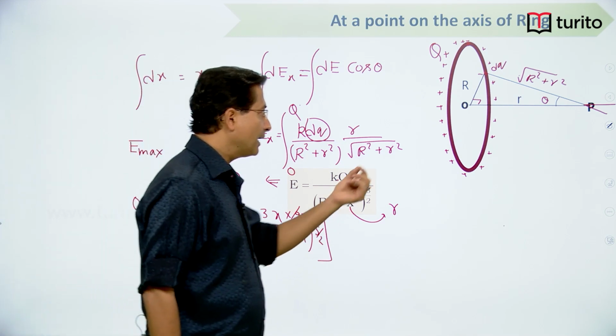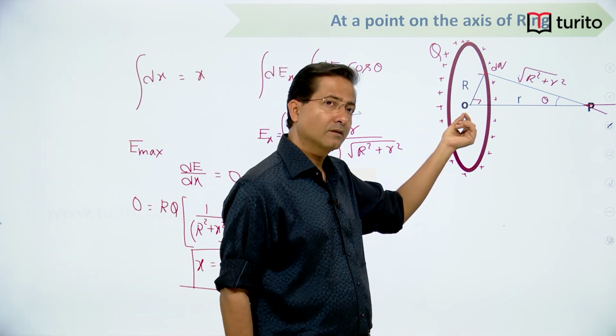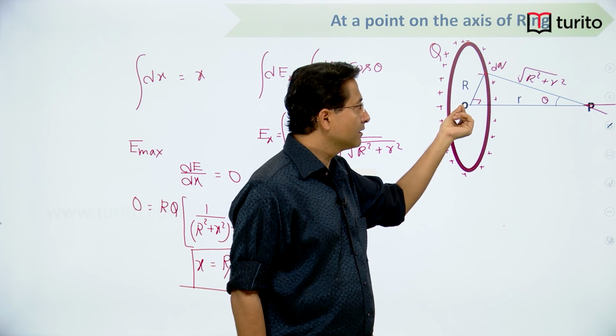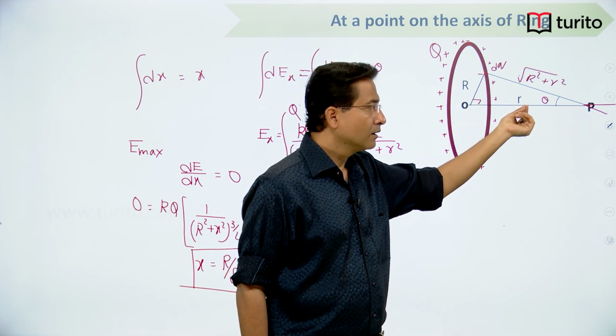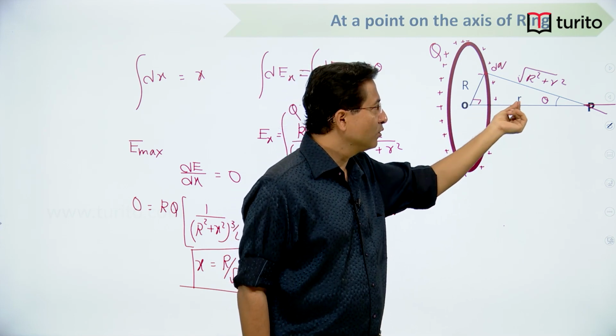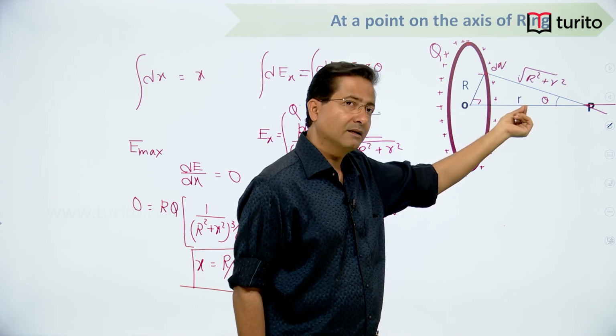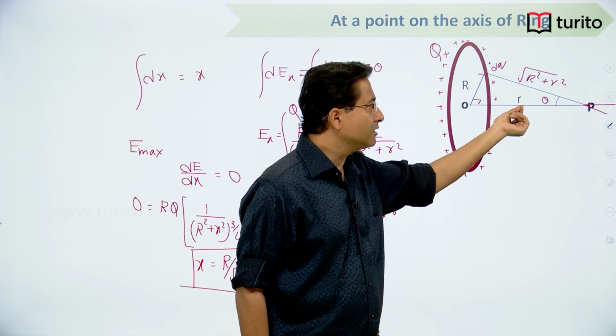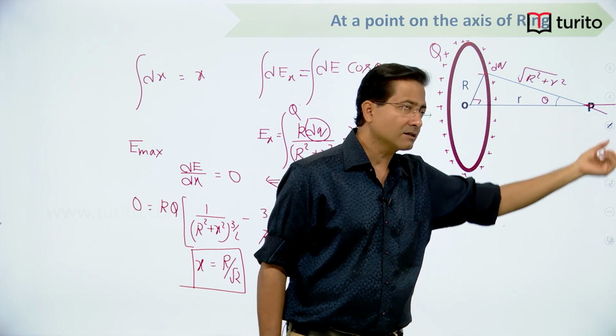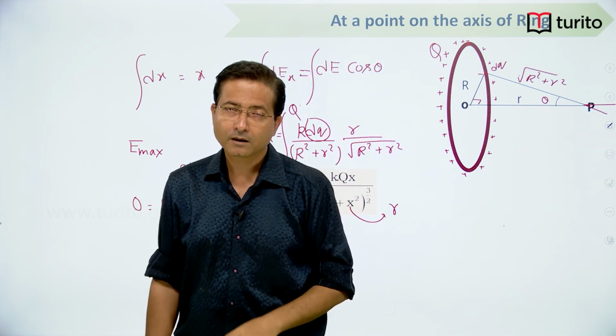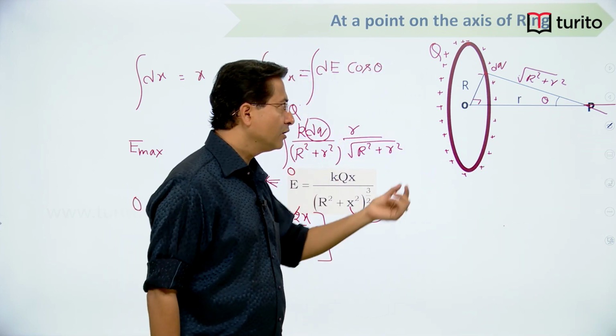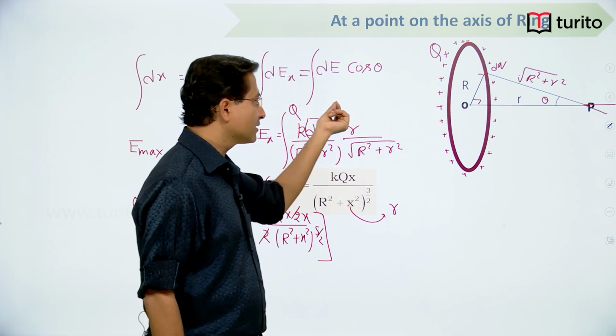That means as you move from the center of the ring towards r by root 2, the field first increases, and at r by root 2 it achieves its maxima and then it starts reducing. The same thing will happen if you go in the opposite direction.